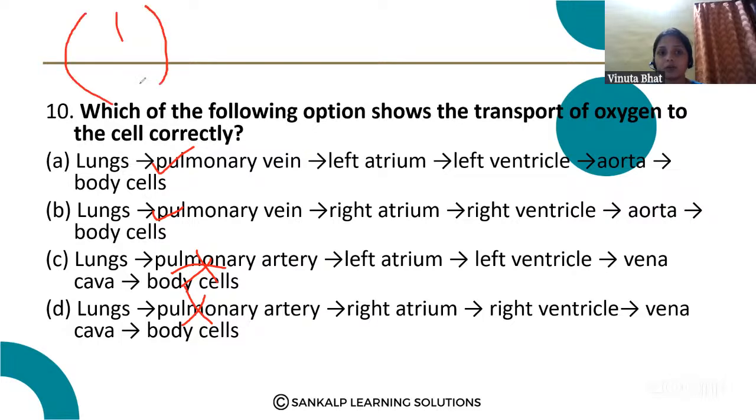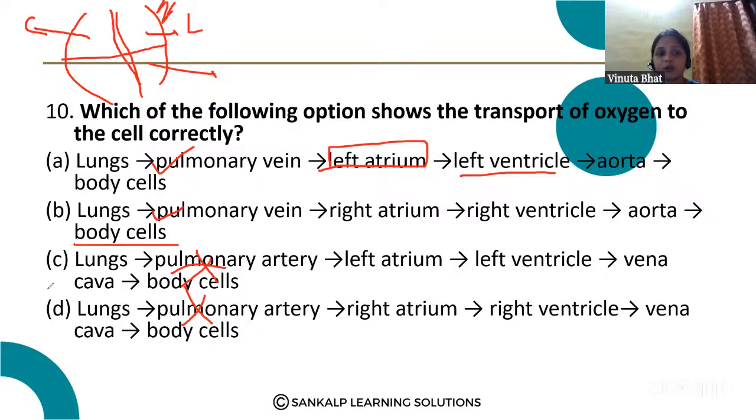Then here in the heart, four chambers are there. First, the oxygenated blood enters into this chamber. Is this the left atrium or right atrium? This is the right atrium, and this is the left atrium. So next, it enters into the left atrium, the left ventricle, then the aorta to the body cells.